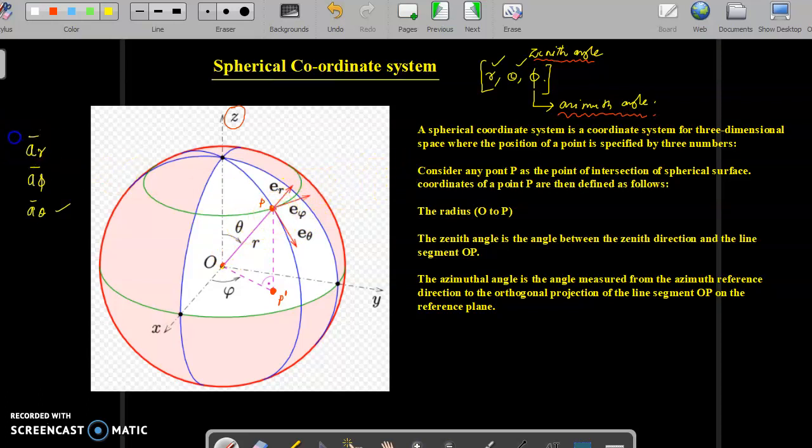So these are the three unit vectors used to represent the coordinates in the spherical coordinate system. Both ways of representation are the same.